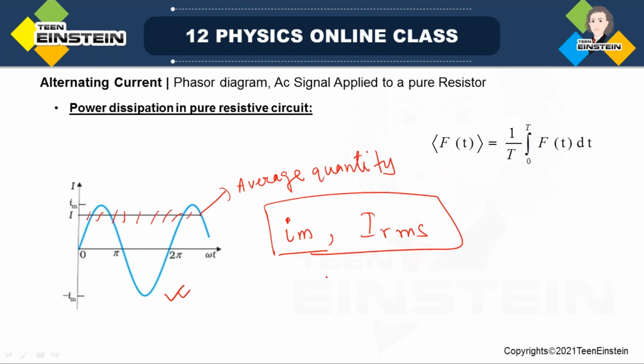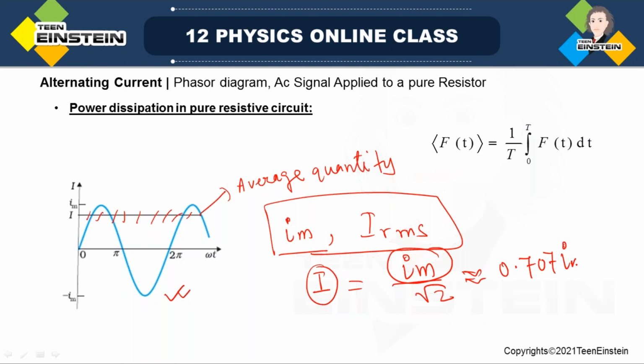I have shown you the relation between Im and the RMS value. This is the amplitude and this is the RMS value of the current, and this is nearly 0.707 of Im.